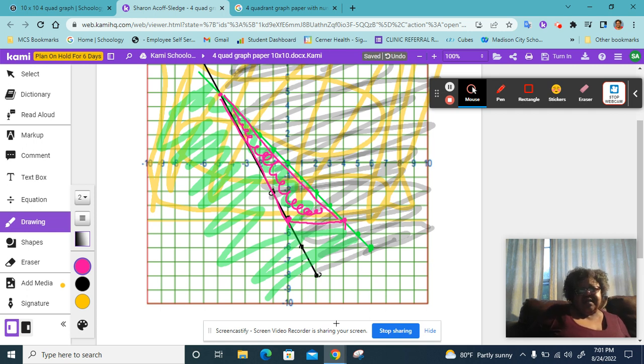So one of my points should be -4, 4, but we got -4, 5, but it's -4, 4. Just something's wrong with my drawing. And then the other one is 4, -4. And then the other point is 0, -4.